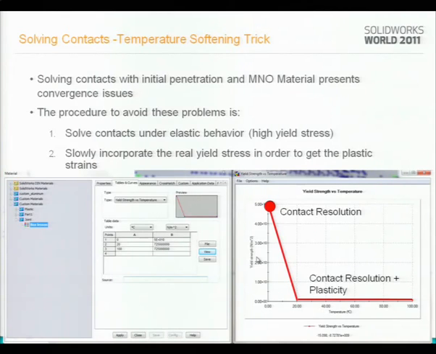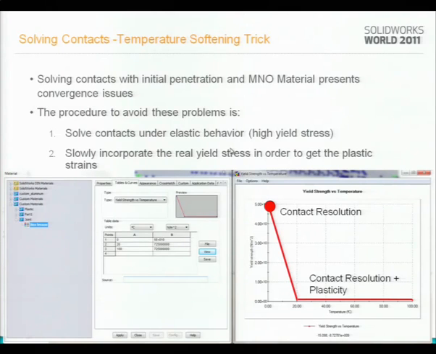So I'm including a dummy temperature in order to, for very low temperature, have very high yield strength. So in this stage, I solve the contact, right, in elastic environment. When the contact is solved, I slowly incorporate the real yield stress. So I warm up my connection with a dummy temperature.